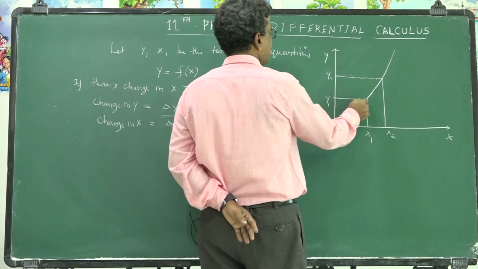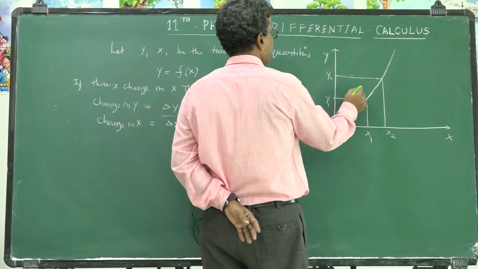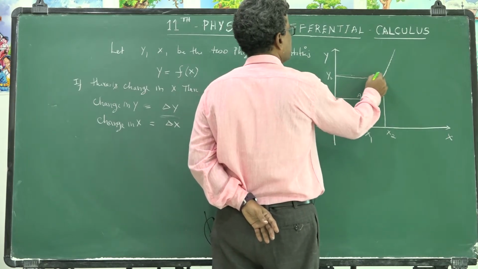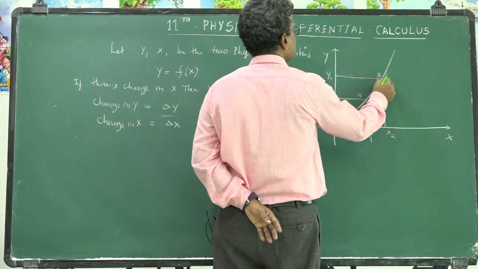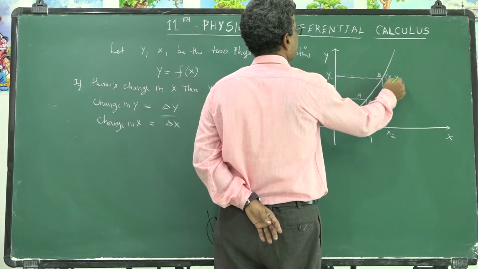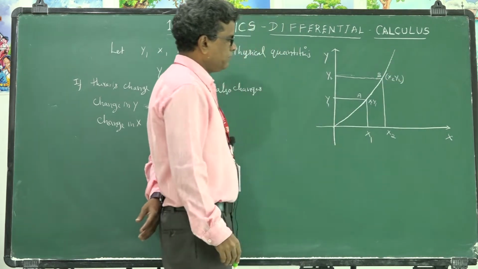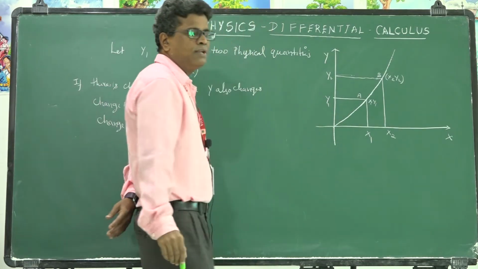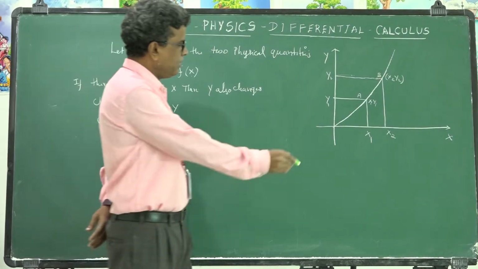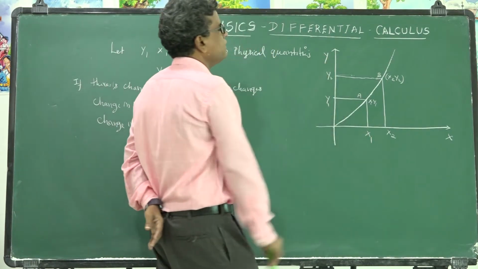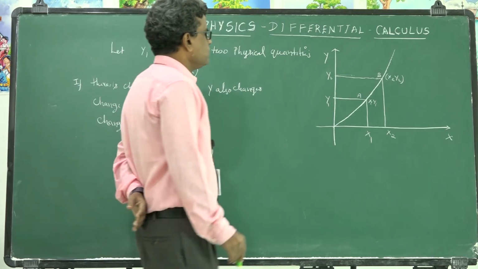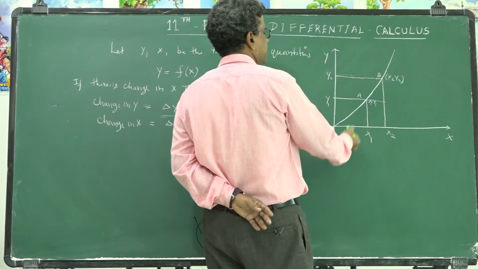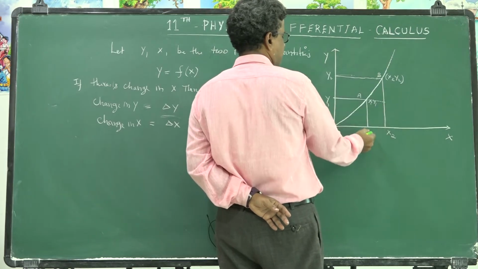So the coordinates of point A are x1, y1, and the coordinates of point B are x2, y2. If x changes, y also changes, and we can represent this change in the graph.